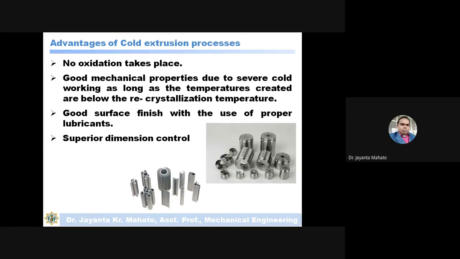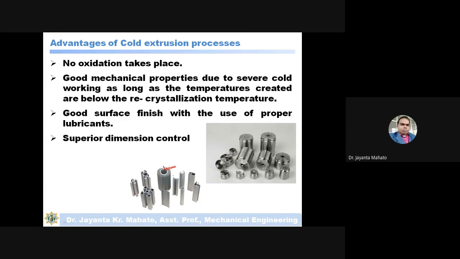Like these are also extruded products. Like in the case of gear hobbing, close tolerance is possible.